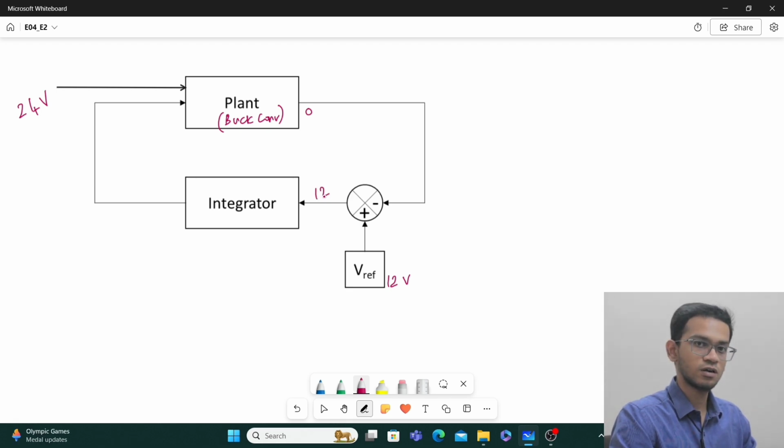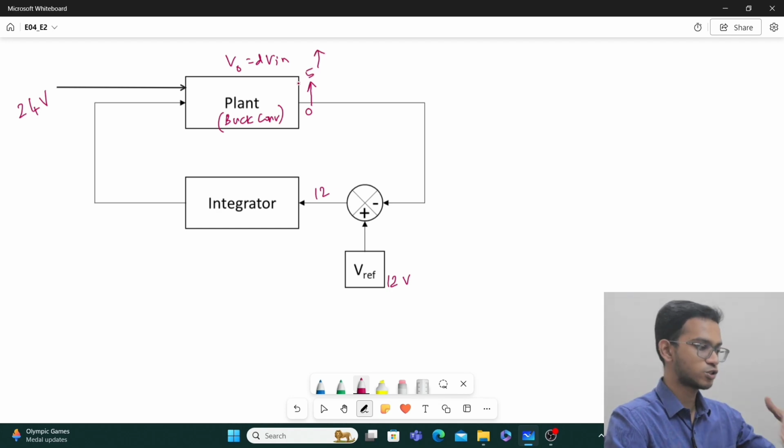Now my integrator will integrate that whole value and it will give a duty ratio appropriately, and the duty ratio will be very high. It will be very high and it will drive this. So because of that high duty ratio, we know that plant is nothing but V naught equals D into V in. So since D is very high and V in is fixed, your V naught will drastically start increasing from 0 to 5 volt to 7.5 volt, and it will shoot up.